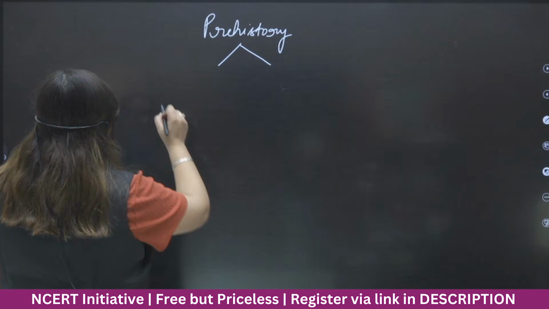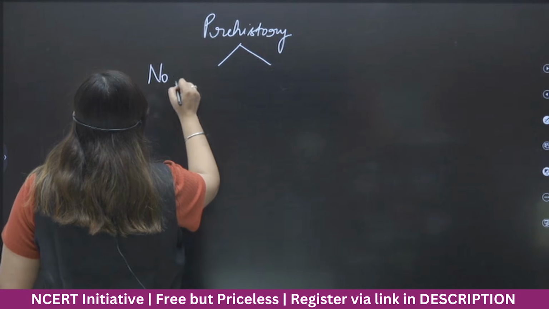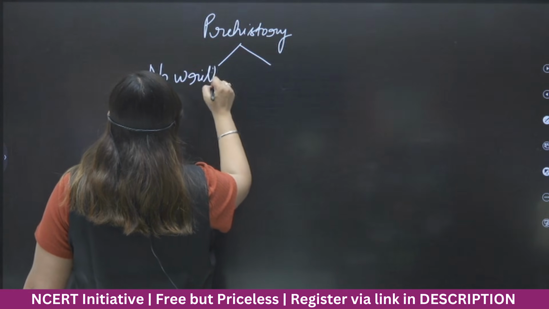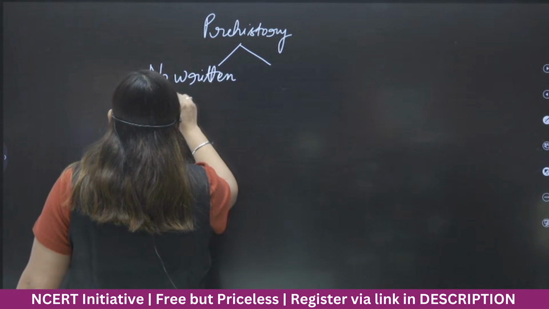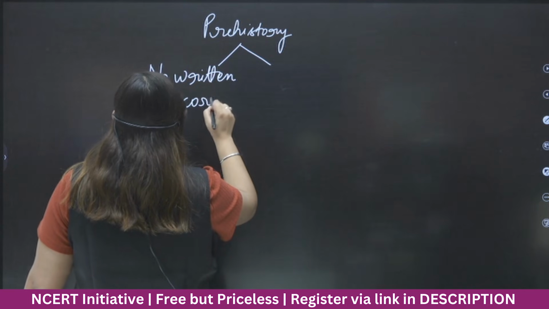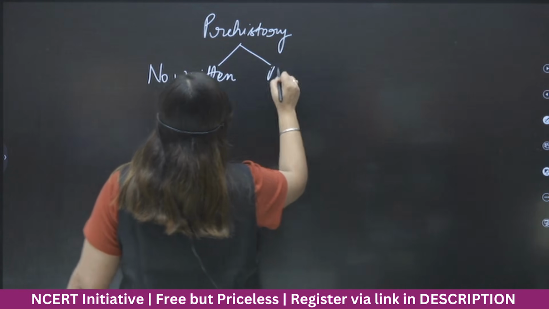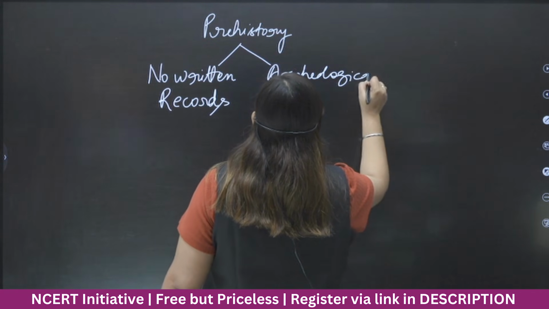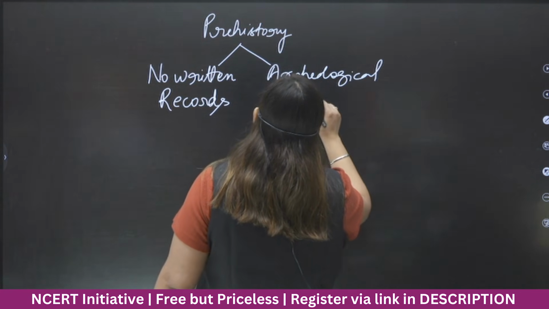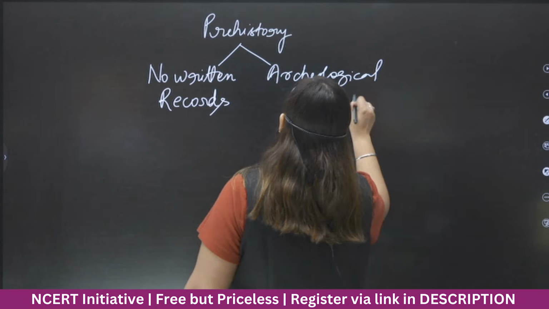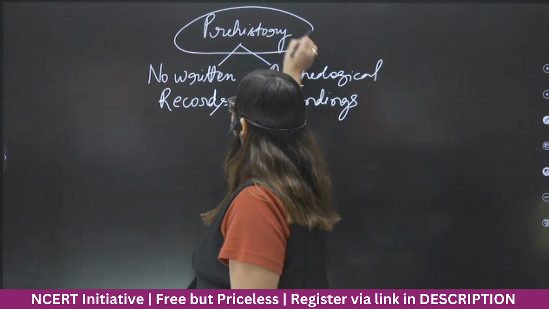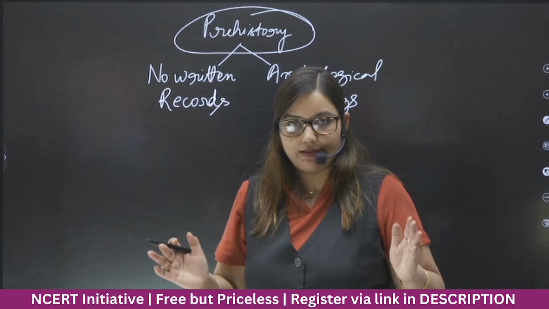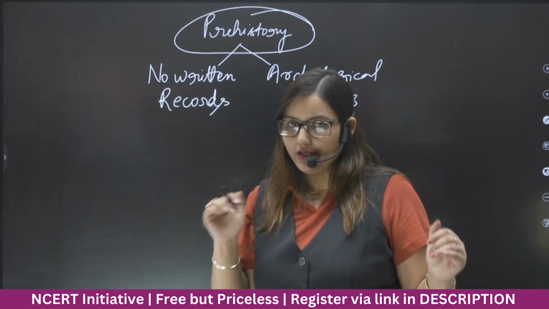Okay. So, 2 points which you need to remember is that we have no written record and we only have archaeological findings for prehistory. Now, this prehistory is divided into two parts, Stone Age and Metal Age. Okay.